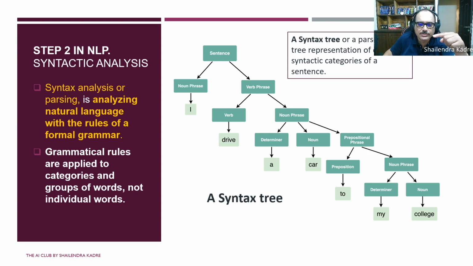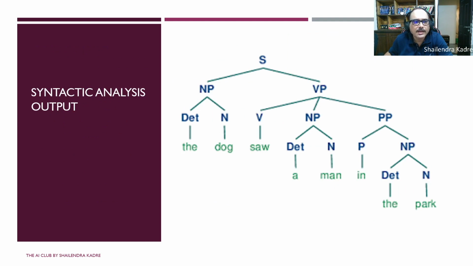If we do syntactic analysis, this is the kind of output of syntactic analysis. Then this is another form of representation. The sentence is, the dog saw a man in the park. When I do my syntactic analysis, this is my coded sentence.